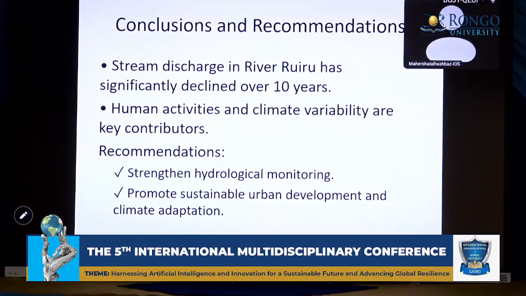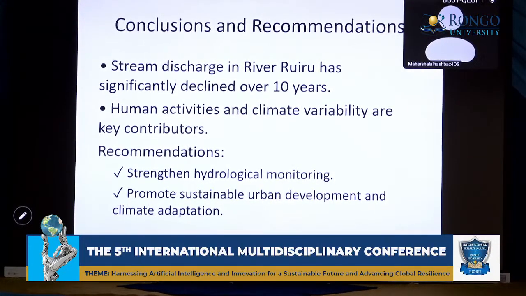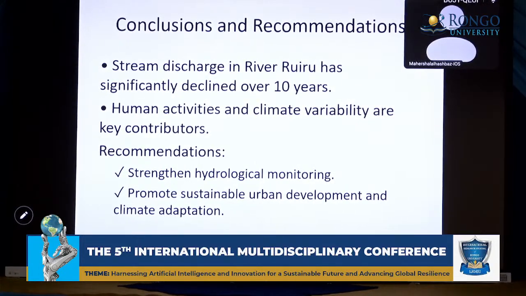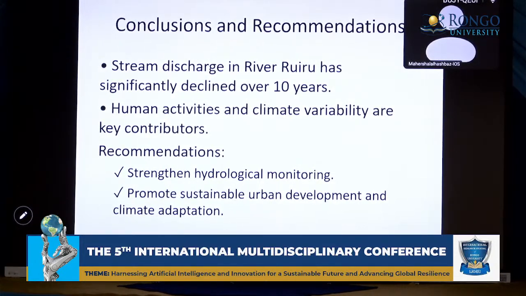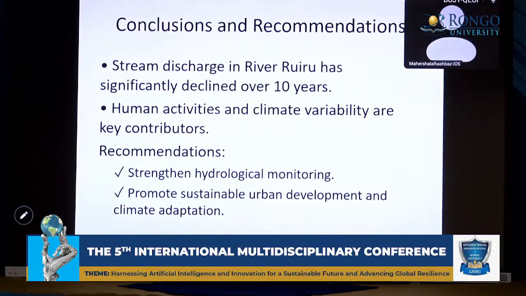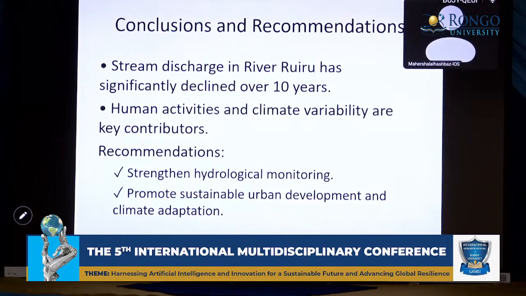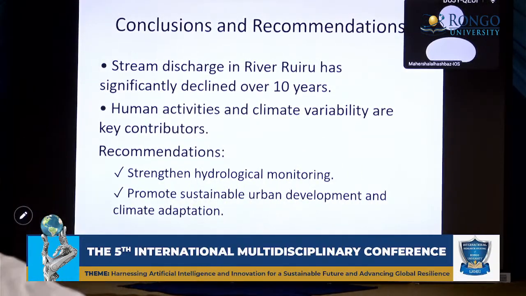the river subcatchment has experienced a statistically significant decline in stream discharge. The drivers are pointing at human activities, especially land use changes and climatic variability.